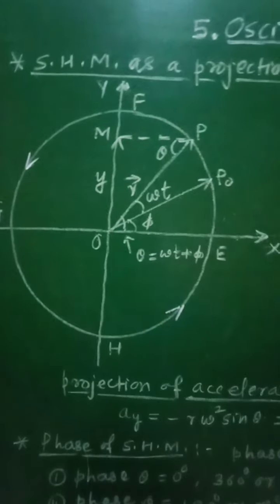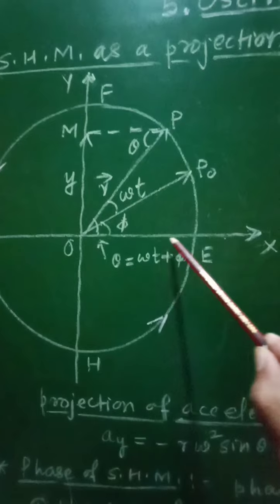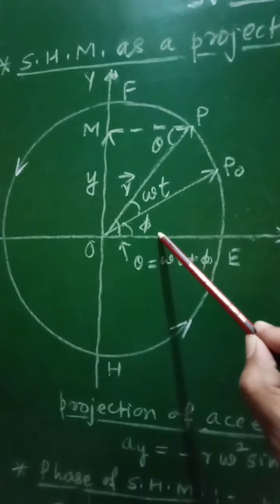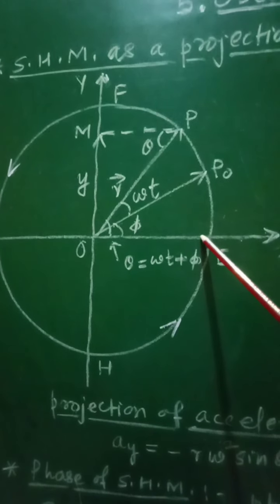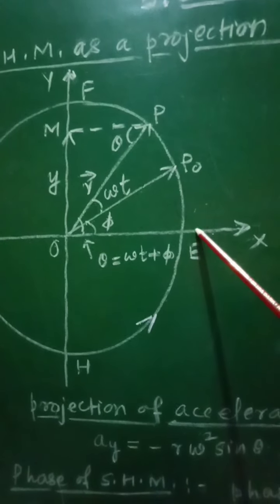That is, when that particle is at point E along OX, at that time the angular position will be theta equal to 0, because that angle will be measured with respect to OX.